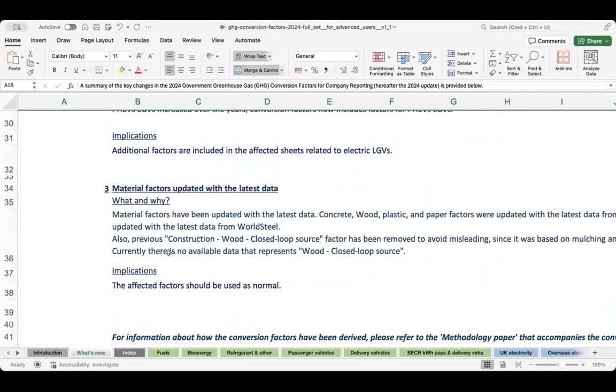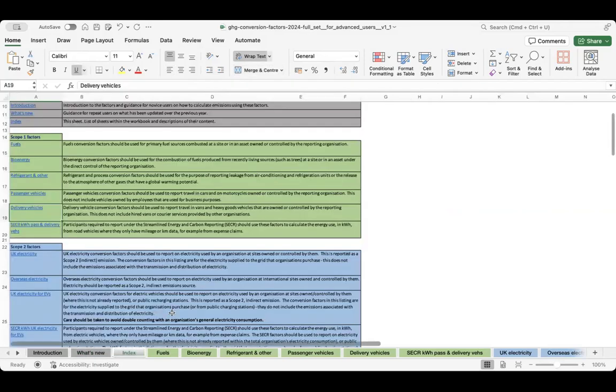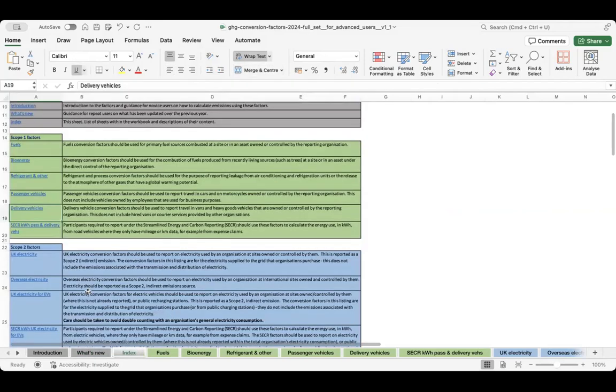What are those material factors? One was construction, wood, and closed loop sources. And that is it. If these three things are not in your perspective, and your company does not require emission factors for them, you can move on. Are you with me? If you are using 2023 and referring to this one. Now, if you are using 2025 or 2024, you need to check the same thing in the 2025 DEFRA report. If you want to know how this is organized, this is the page you need to see.